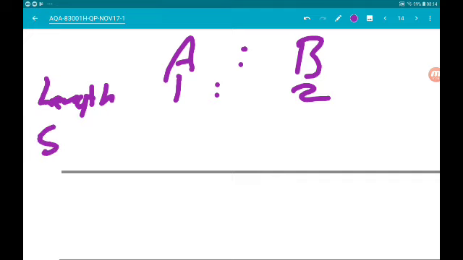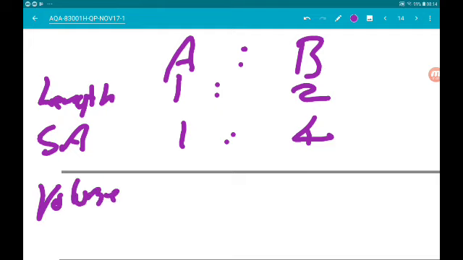So the surface area would be in the ratio 1 to 4, and you can find volume ratio by cubing the length ratio. So we'd have 1 to 8.